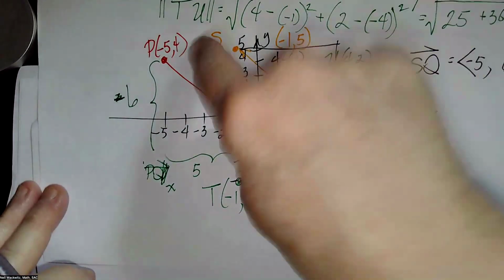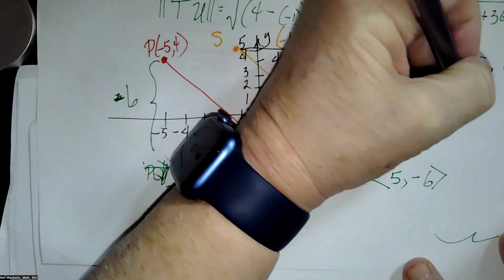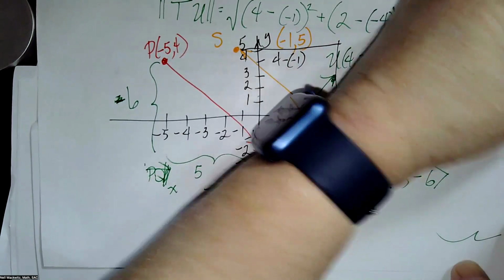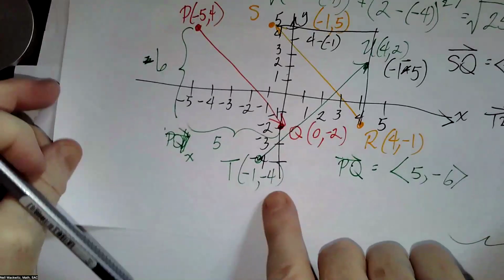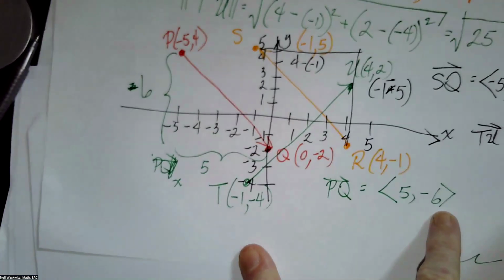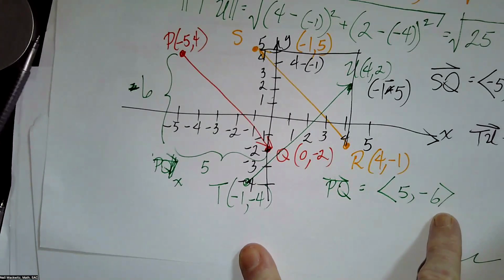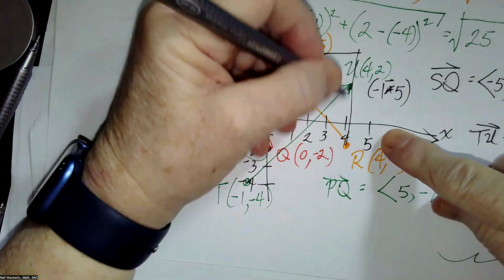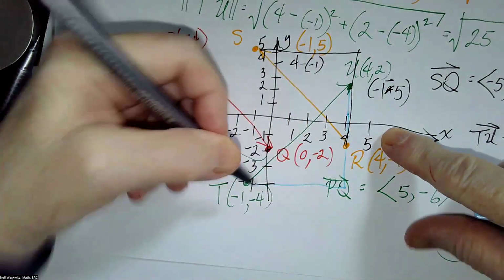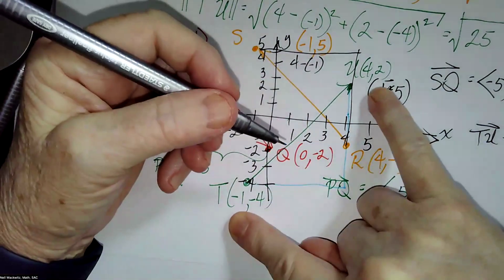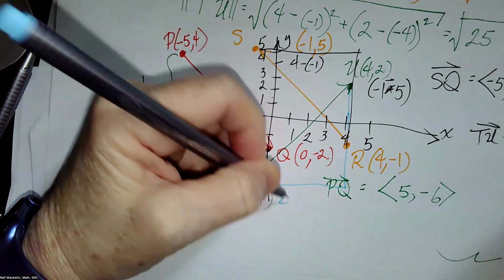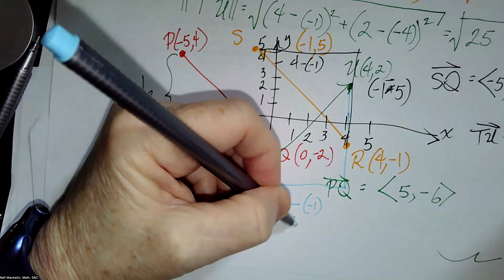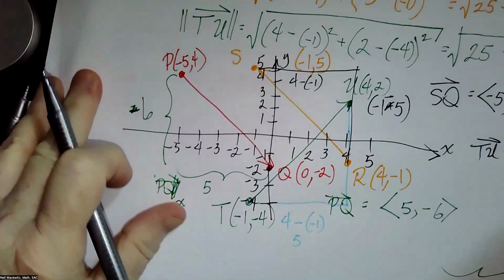And what about TU? You have the x displacement is 4 minus -1, which is 5, and it's going to be positive.